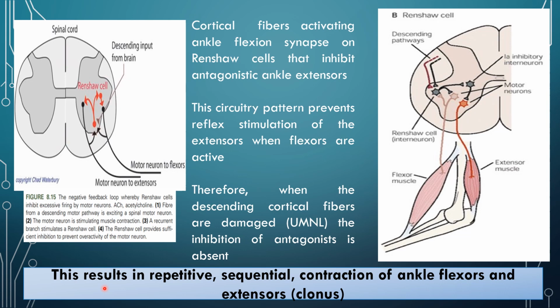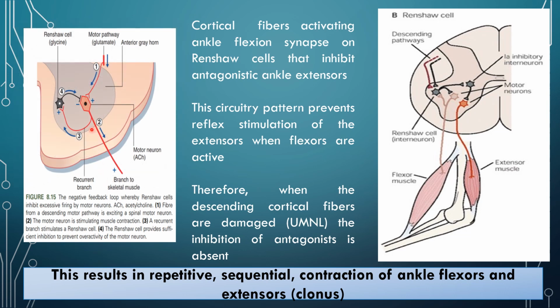Now Renshaw cells are getting excitatory input from this alpha motor neuron. Any other tract is also sending inputs to this Renshaw cell. These Renshaw cells are also getting inputs from the cortical descending fibers.